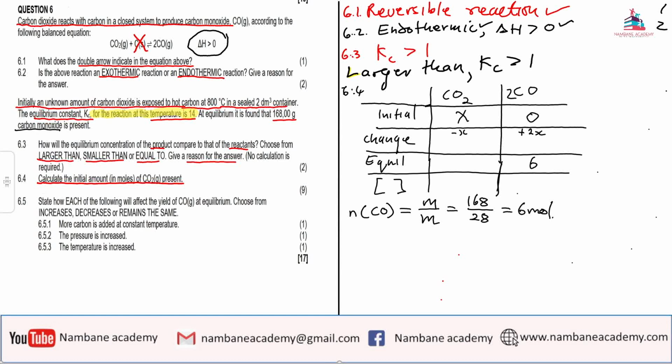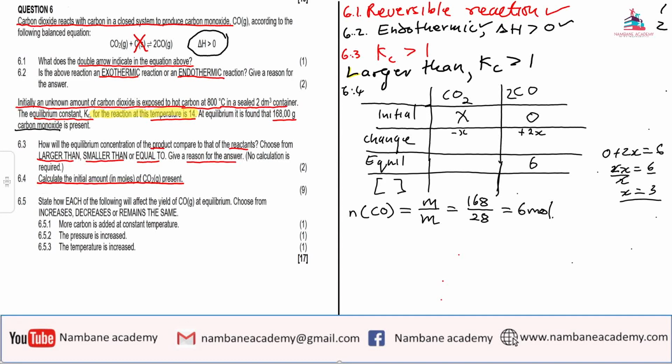But now let's check what one can do here. It basically says one can easily say zero plus 2x must be equal to 6, looking at carbon monoxide. Now solving for x, 2x is equal to 6, divided by 2, then x is equal to 3.